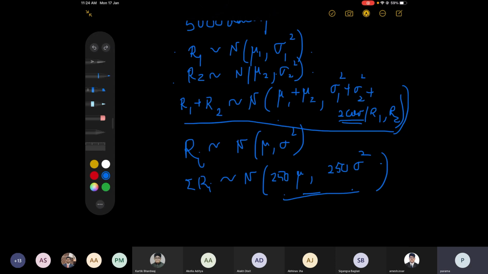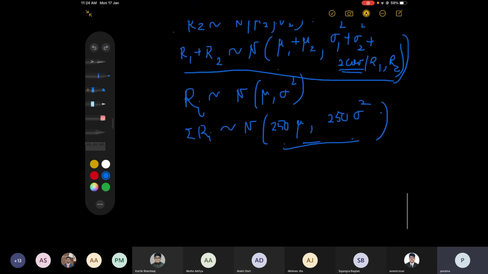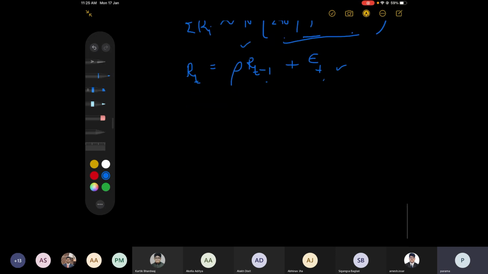But what if they are not independent? Sometimes we have seen returns may be correlated. If returns are correlated, then what we write is R_t is equal to rho into R_(t-1) plus epsilon_t. The assumption is that this error term and the returns are uncorrelated. That is, the covariance between error terms and the return terms is zero. Now, if I write it this way, then what have I written actually? I am saying R2 is equal to rho into R1 plus epsilon 2.